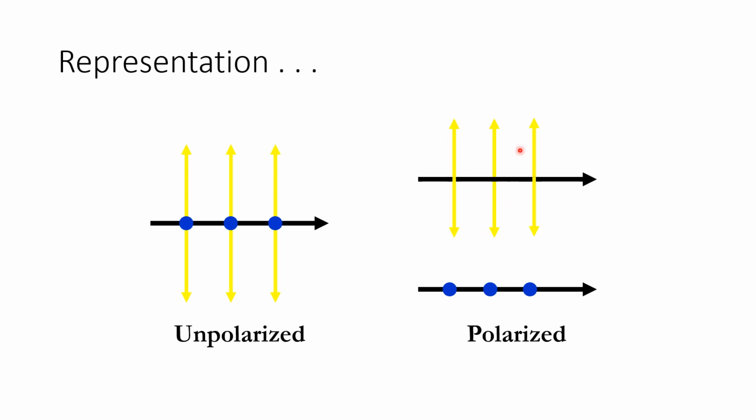Here the vibrations are in the plane of the screen. Here the vibrations are perpendicular to the plane of the screen. So this is the symbolic representation of polarized light: polarized light in the plane of the screen, and polarized light with vibrations perpendicular to the plane of the screen.